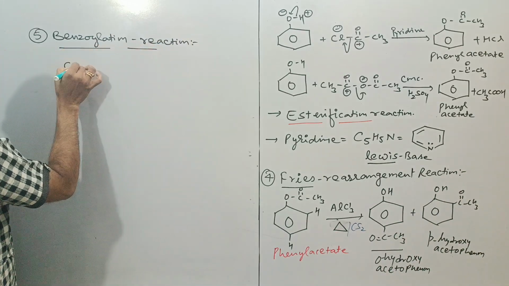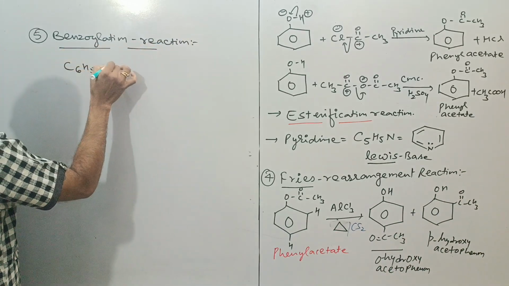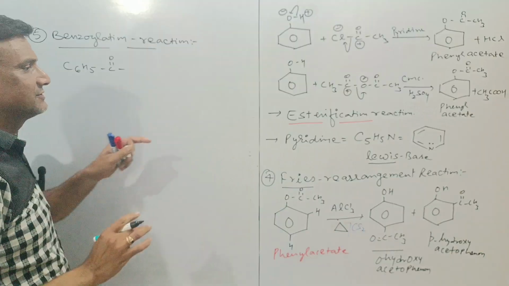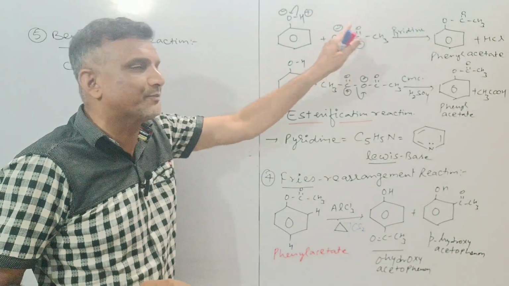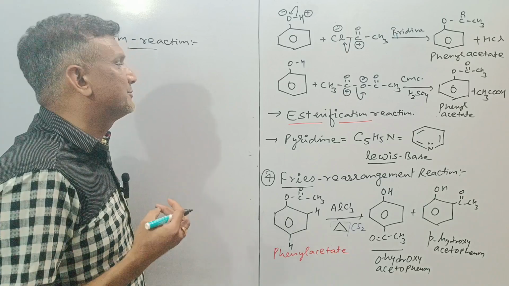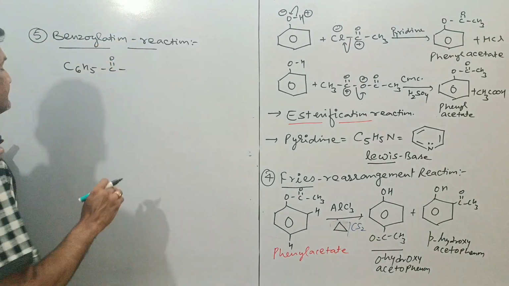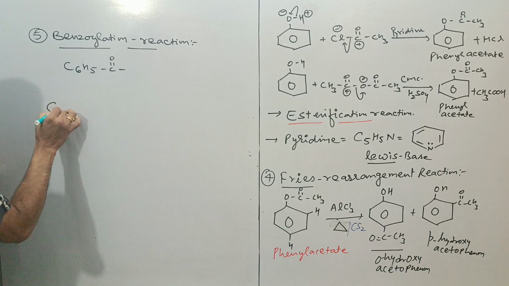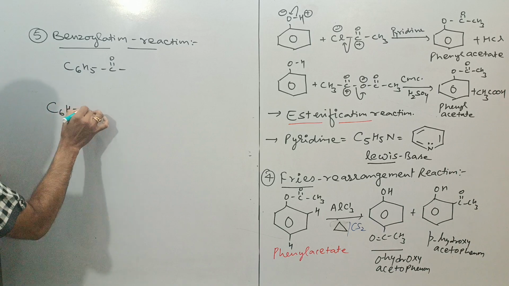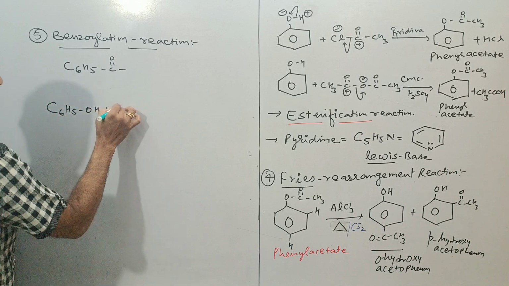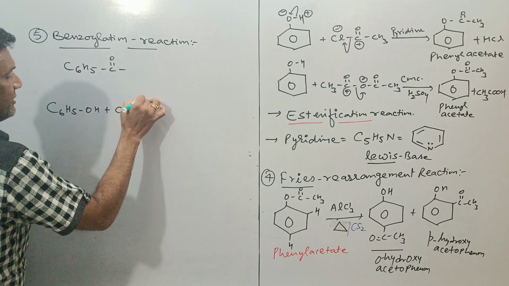As the benzoyl group, we can take C6H5CO. It was the CH3CO group as the acetyl or acyl group; here the benzoyl group will be C6H5CO. This is the phenol, and this is benzoyl chloride.